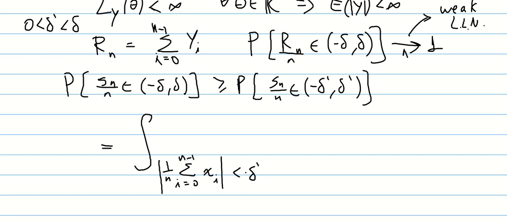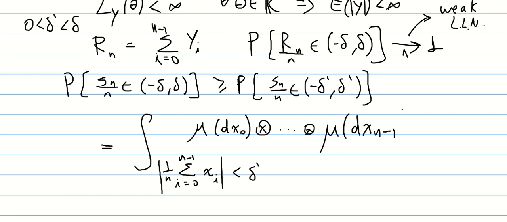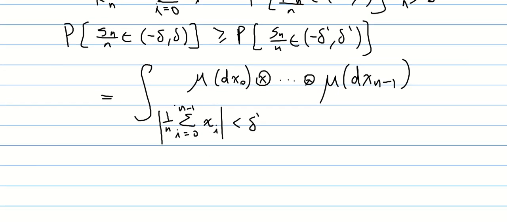So this is the region we are integrating, and the measure we are integrating is mu times mu times mu, etc. So it's just an integral in this n-dimensional space with this product measure, but we are integrating a special diagonal set here. Things that sum up to something smaller than delta. It's a band somehow. It's like a hyperspace band.